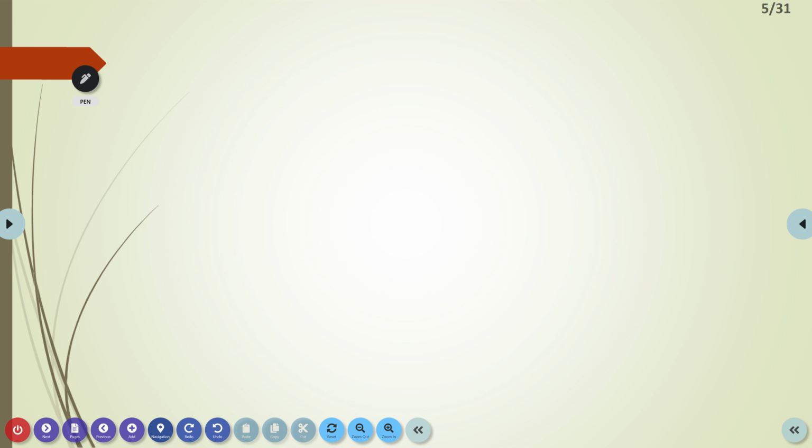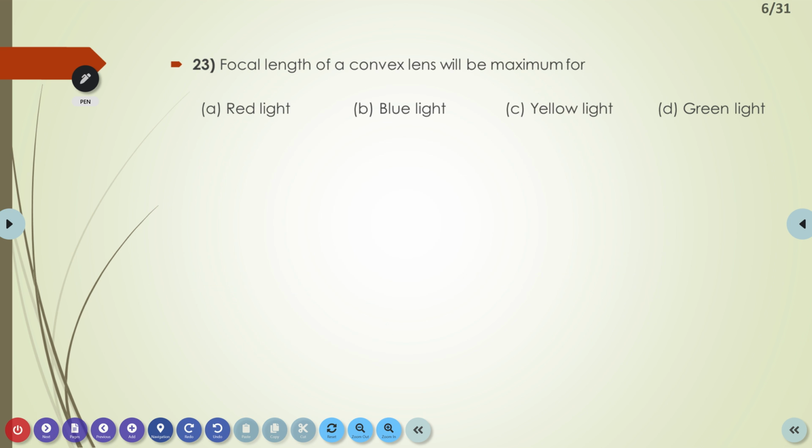Next. Focal length of the convex lens will be maximum for which color? You know the equation, 1 by f equals (n minus 1) into bracket 1 by r1 minus 1 by r2. Here 1 by f is directly proportional to n. But we know that n is directly proportional to 1 by lambda.